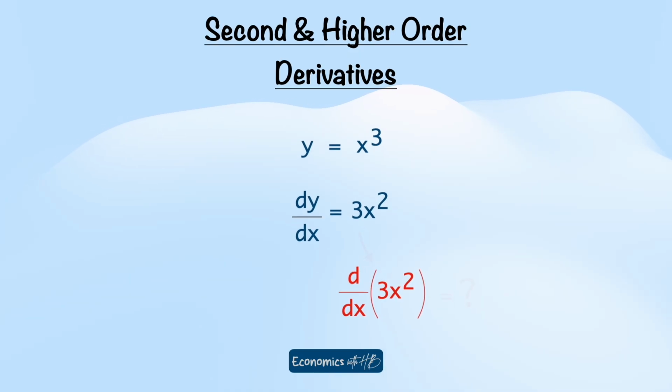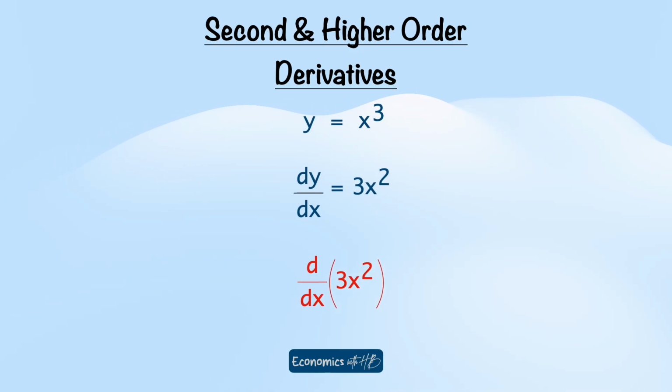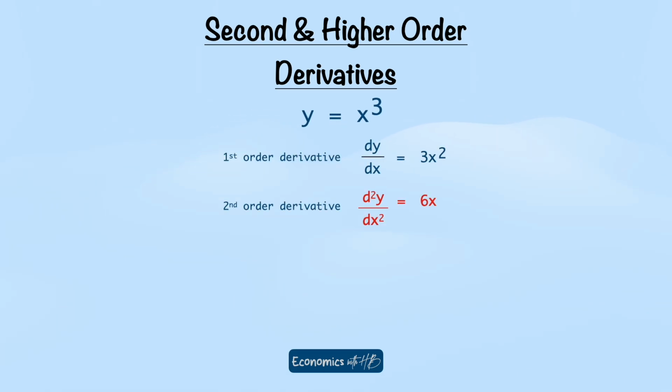Yes, we can. And it will give us the second order derivative, d2y by dx square as 6x. And we can continue to get the third and higher order derivatives like d3y by dx cube will be 6 and so on. So differentiation doesn't necessarily have to stop after the first derivative.